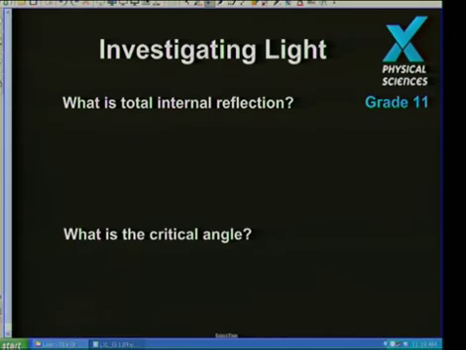to our next idea, and this is also related to triangular prisms, the idea of total internal reflection.